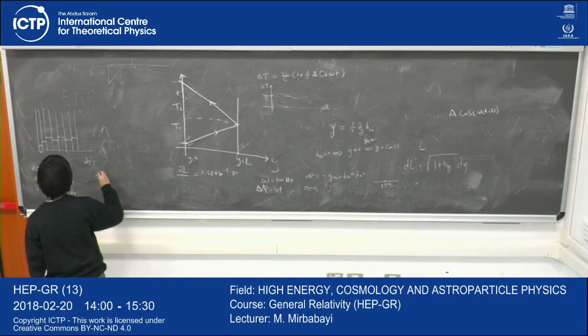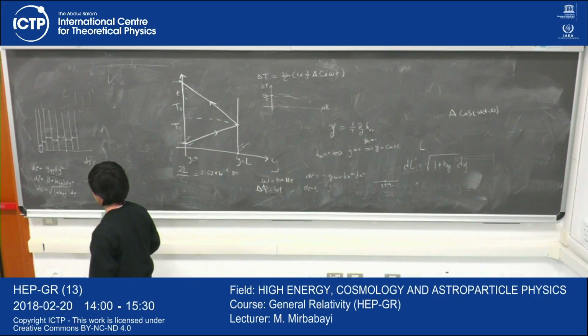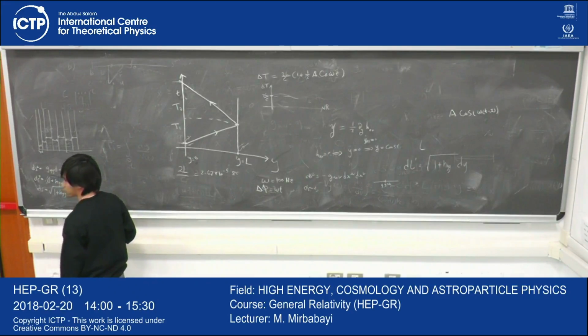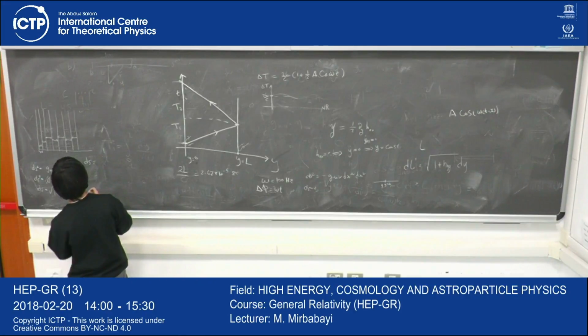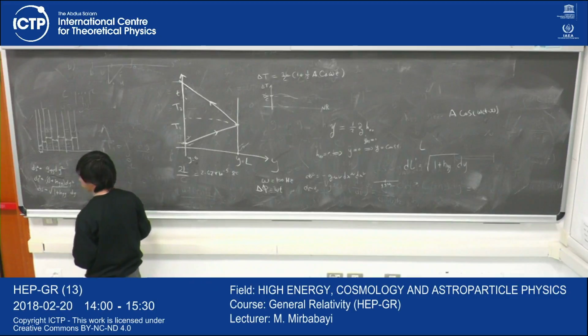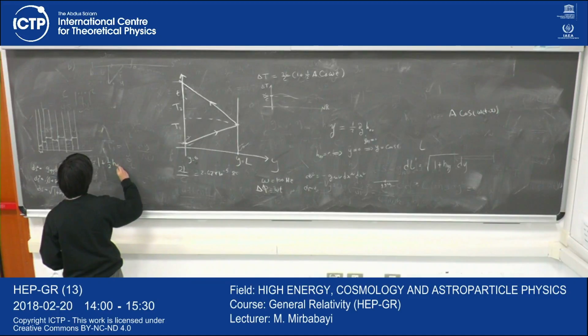Yes. So here the logic is that ds is something that the good ruler measures. In the same way that when we have a time-like trajectory, the tau tilde was the thing that the good clock measured. 1 plus half h_yy times dy.